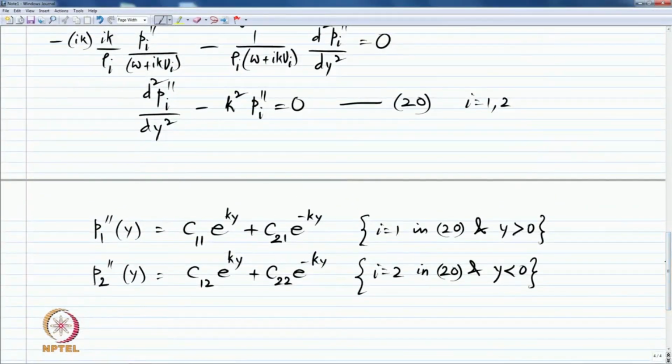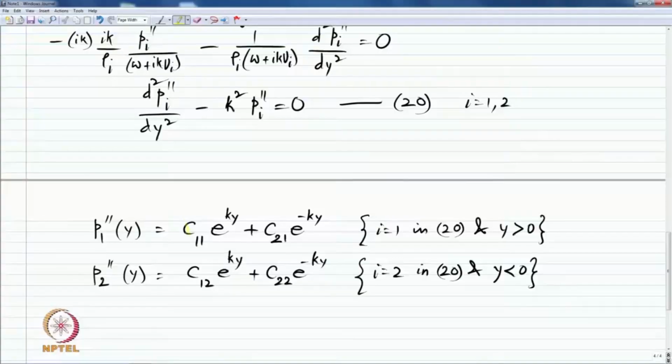of equation 20. Now, if you think of fluid 1 for a moment, for all y greater than 0, and remember k is a positive real number in our temporal linear instability analysis. So, if k is a positive real number, then this first term here, C11 e power ky, is going to become increasingly larger as y increases.